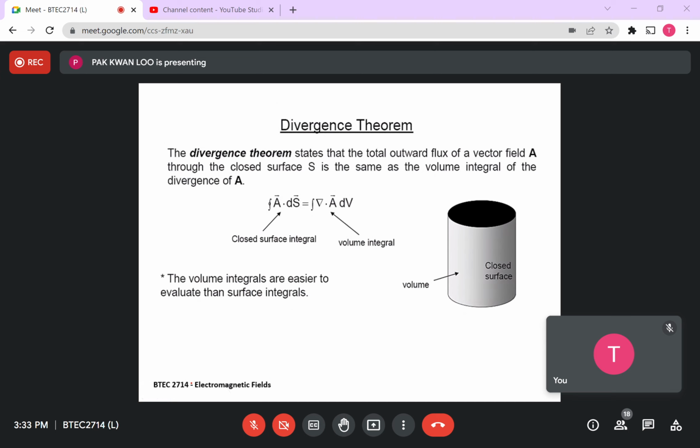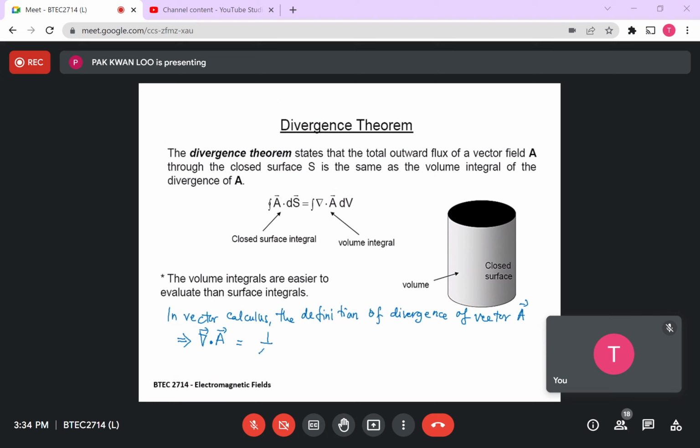If you have heard of divergence, in vector calculus, the definition of divergence, not the divergence theorem, is defined as the del operator dot with a vector, let's say vector A.